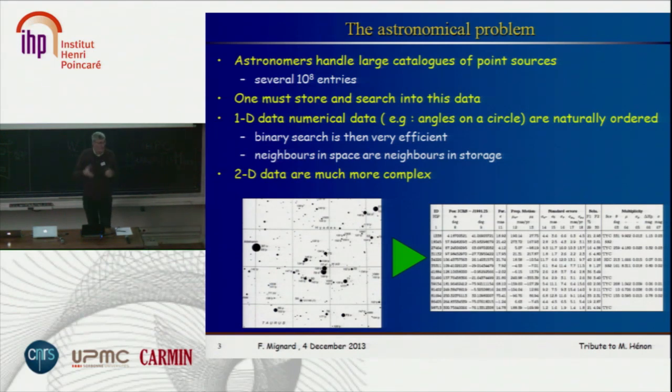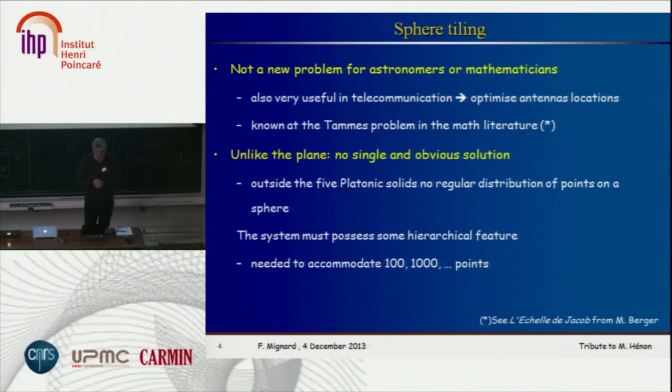I would have liked something which maintained more or less this notion of vicinity with the mapping. So this is what I asked Michel for Gaia. Essentially it's fair tiling, not a new problem for astronomers and mathematicians, always useful, still used for telecommunication organization, how to put your antenna, your relay, at the right place so that you minimize the number of relays.